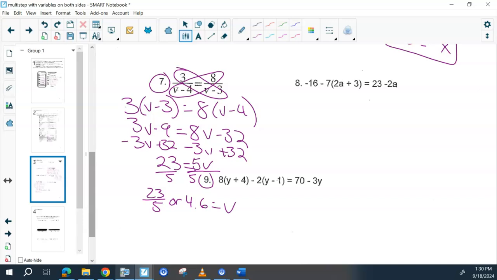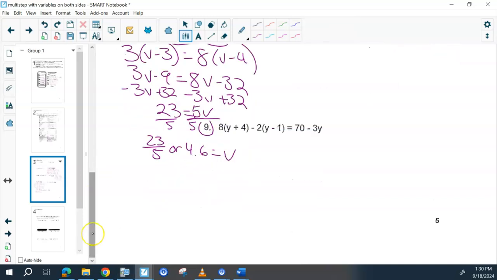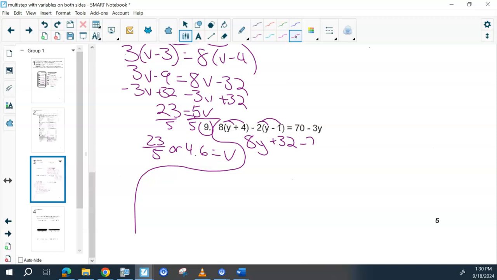Okay. And then number 9, we would distribute both of these. So we have 8y plus 32 minus 2y plus 2. Be careful with your negatives.